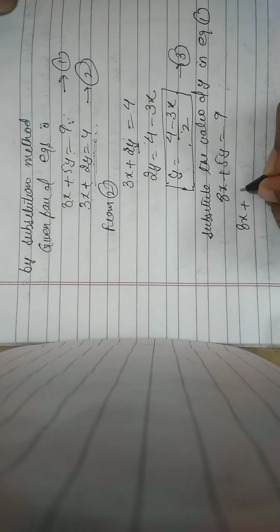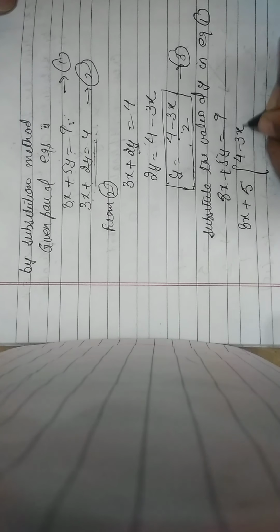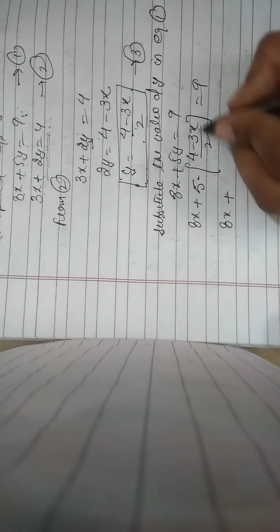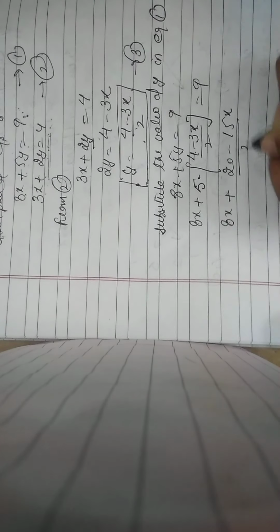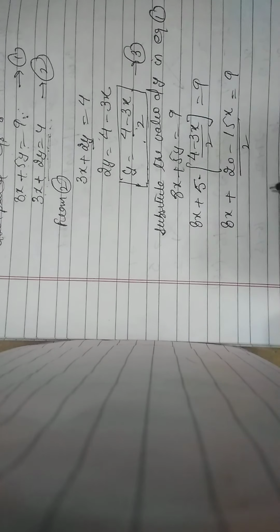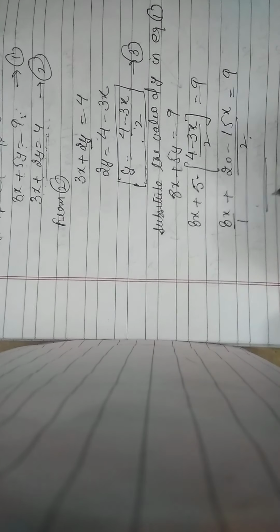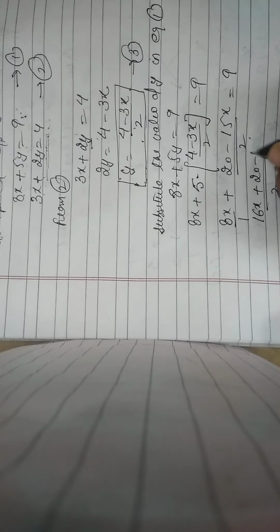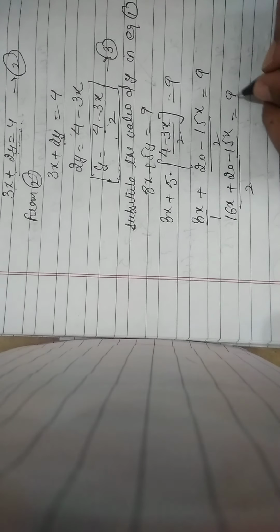Now substitute the value of y. Here write the value of y: 8x plus 5 times (4 minus 3x) upon 2 equal to 9. Now 5 is multiplied by each term. 5 fours are 20, 5 threes are 15x upon 2 is equal to 9. Now solve this equation by taking LCM 2. So 16x plus 20 minus 15x upon 2 is equal to 9 upon 1.